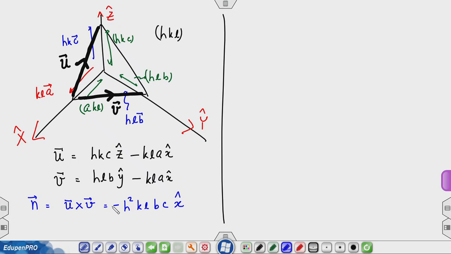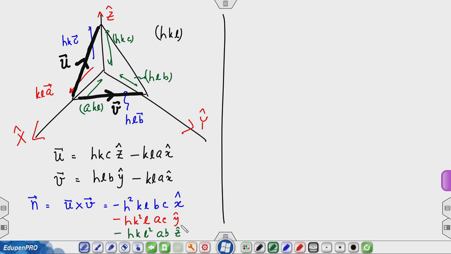Z cross x gives me y, so that will be minus h k square l a c y, and x cross y gives me z, so that's minus h k l square a b z.